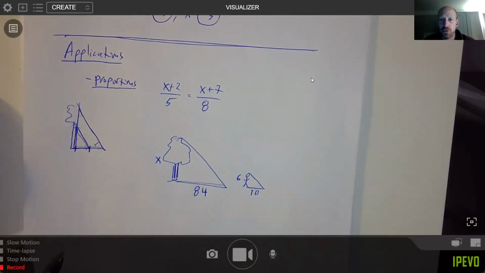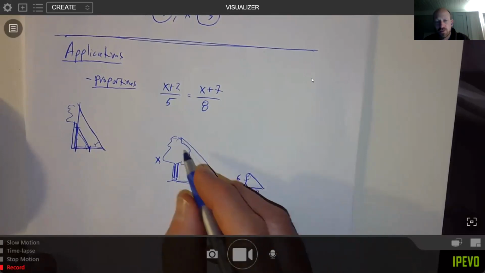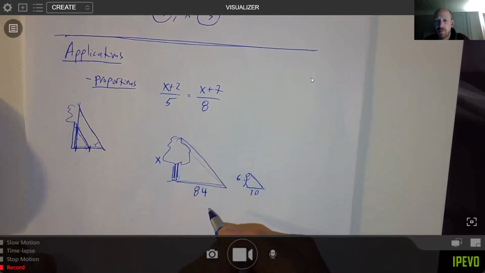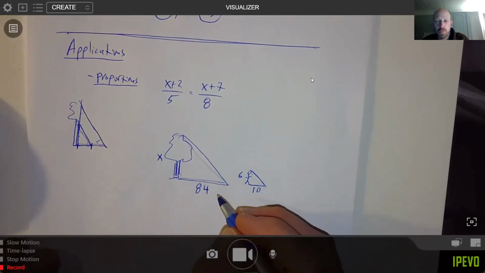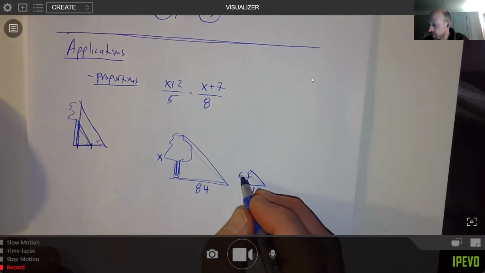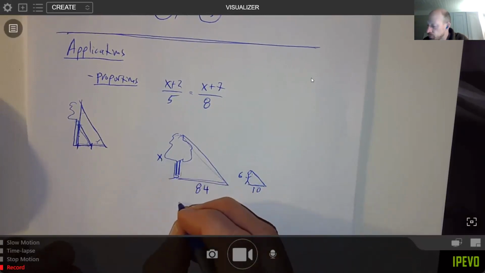And it turns out you can answer this question because these are going to be similar triangles. The sun is kind of creating the same angle for both the tree and the person. So their corresponding sides are proportional. So if we set up a comparison, and you can set up lots of different comparisons, but one of them would be 6 over x.